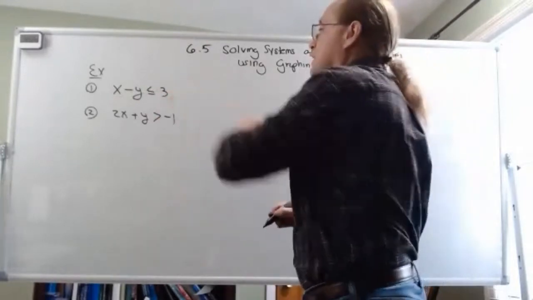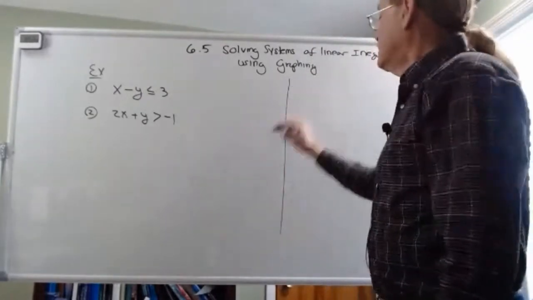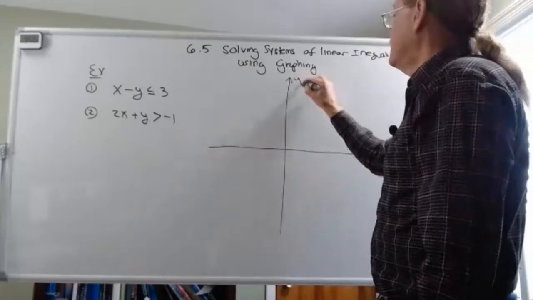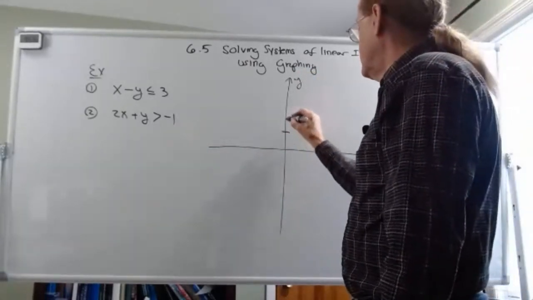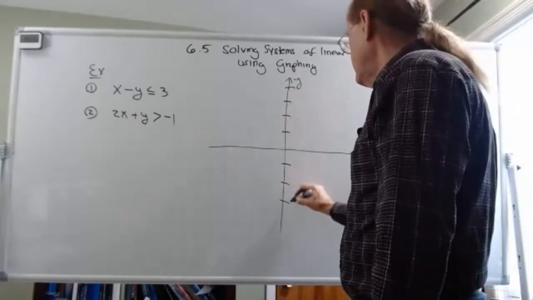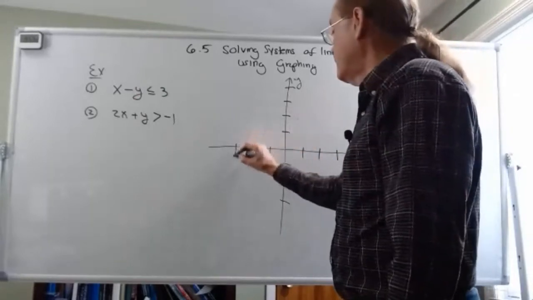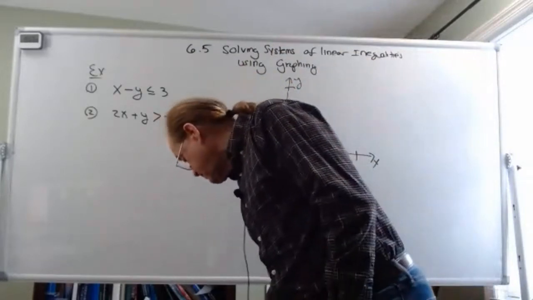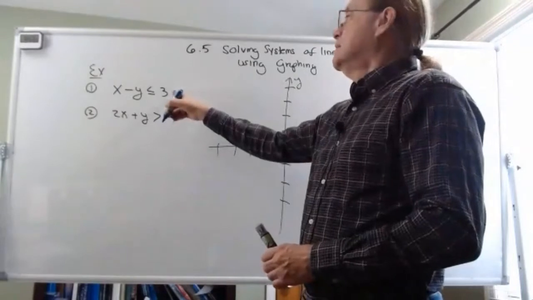So when I go here, I go right to graphing. I go to my Cartesian coordinate system. Okay, so let's graph each of those equations. Let's say I'm going to graph this one in blue.